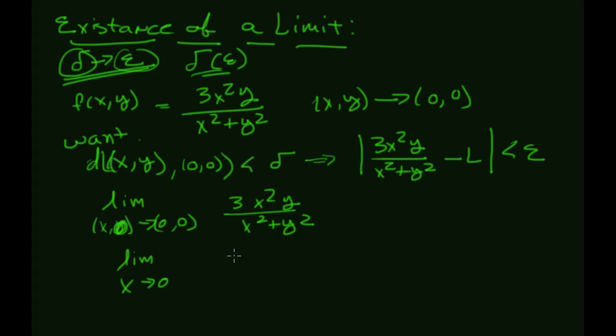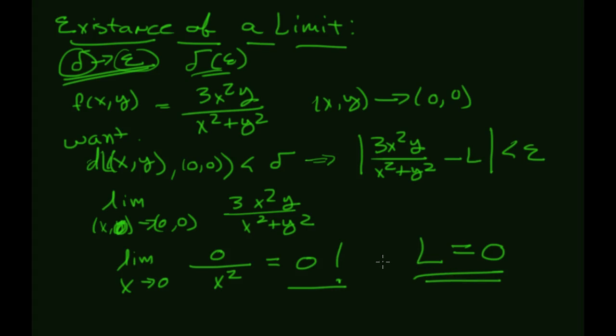Now we make all the y's 0, right? So the top's going to become 0. The bottom's going to become x squared. This thing is approaching 0. So this means that if L exists, then L has to equal 0. Okay, so because all the limits have to exist, one of the limits goes to 0. So whichever direction I'm coming from, they all have to go to 0. Now I want to prove that.